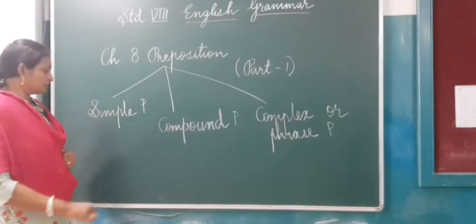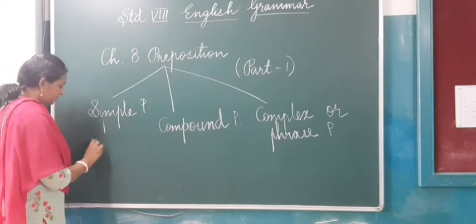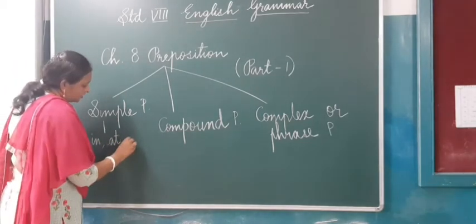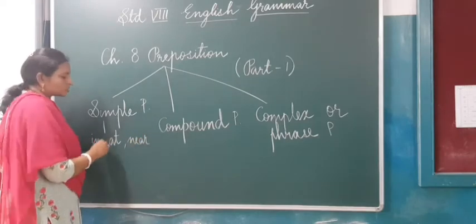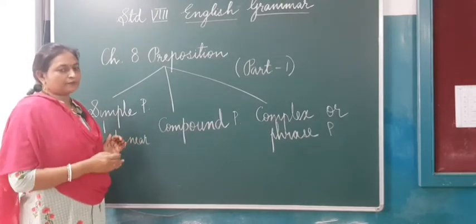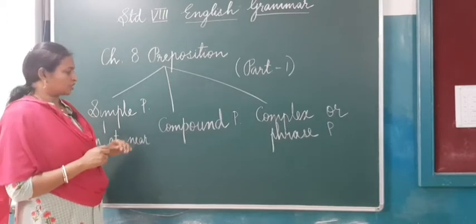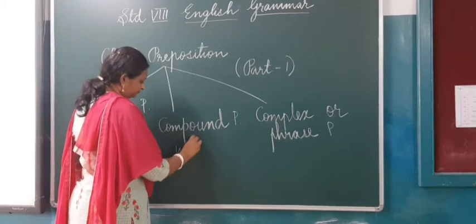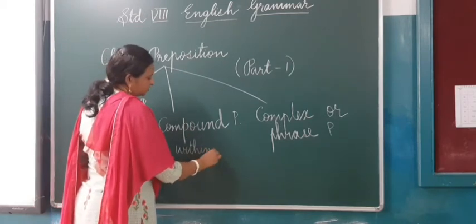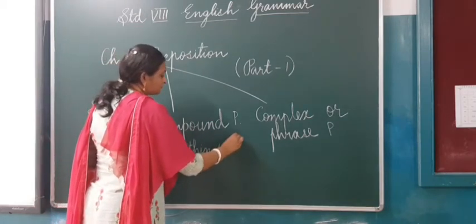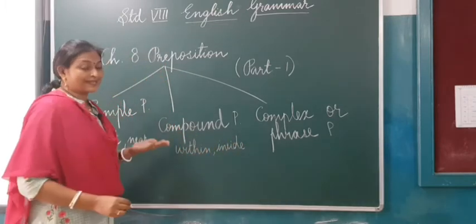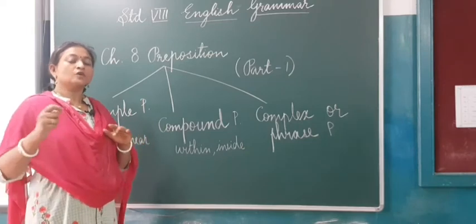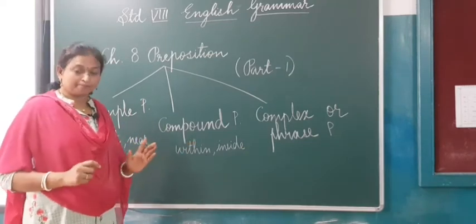Simple prepositions are words like in, at, near. These are all simple prepositions, that is, one word prepositions. Now compound, like within, inside. That means the joining of two words, in and side, but it forms one word. So when you have a combination of words, we call it compound.